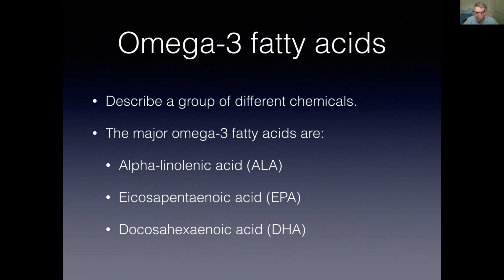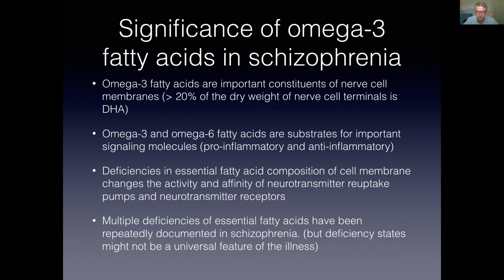EPA and DHA, you've probably heard about because health food store people love to talk about them. They're just different kinds of omega-3 fatty acid. Why is this significant? Because the brain uses these things a lot. It's estimated that 20% of the non-water weight of nerve terminals is comprised of the omega-3 fatty acid DHA.